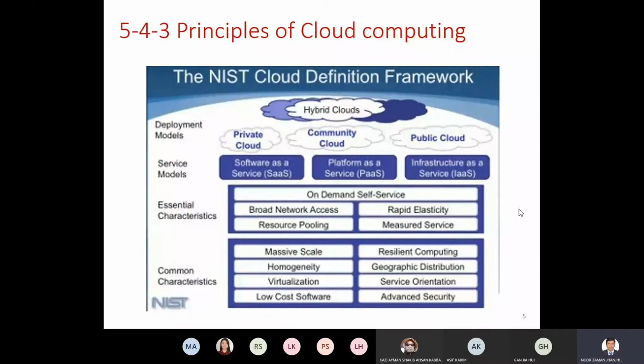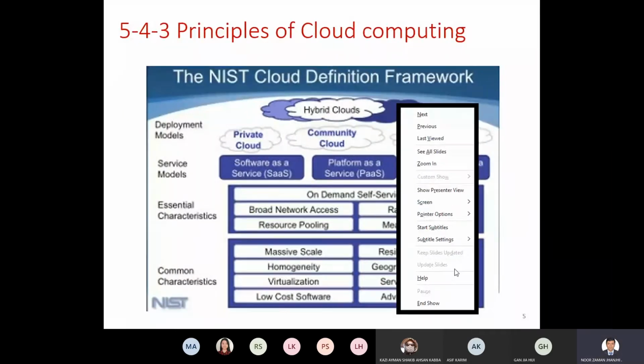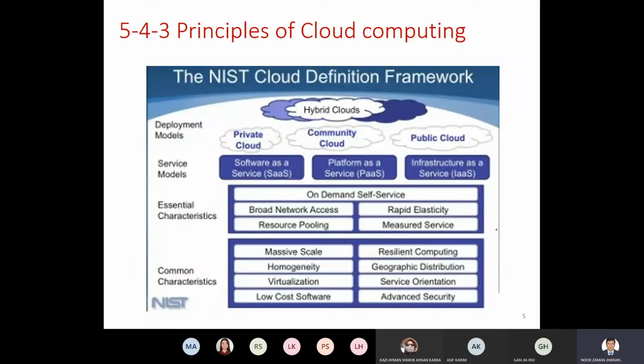Now you can see from here, it is trying to explain 5, 4, 3. Or you can read it from right to left, 3, 4, 5 principles of cloud computing. But what we believe is that now things are even beyond this concept. If I make a pointer for your better understanding, you can see from here 3, 4, 5 principles of cloud computing.